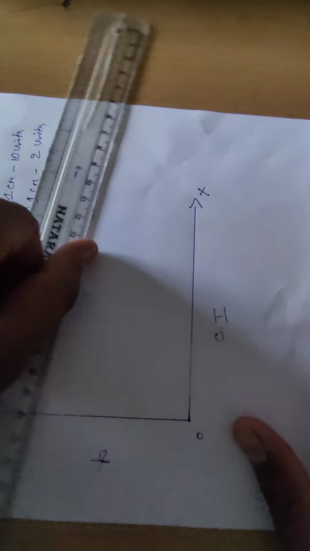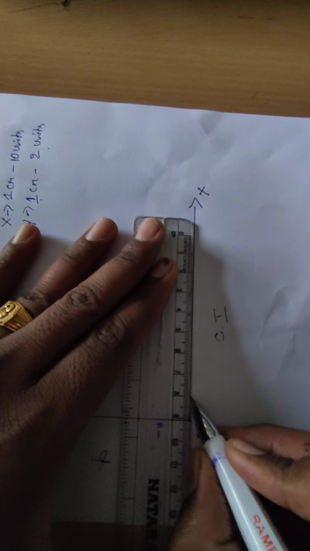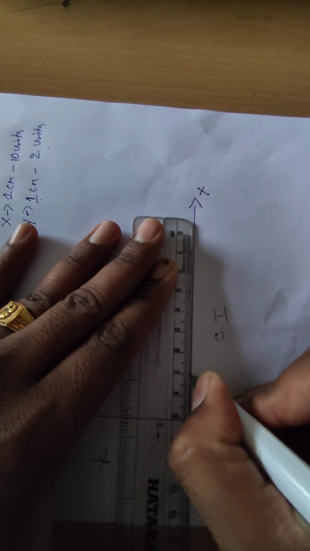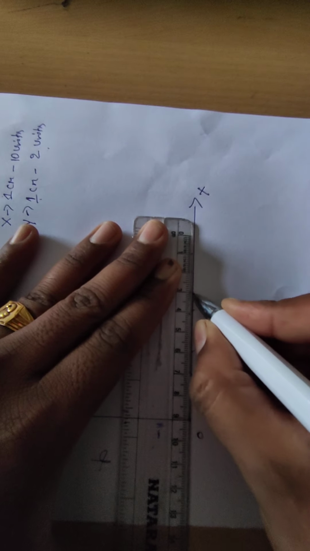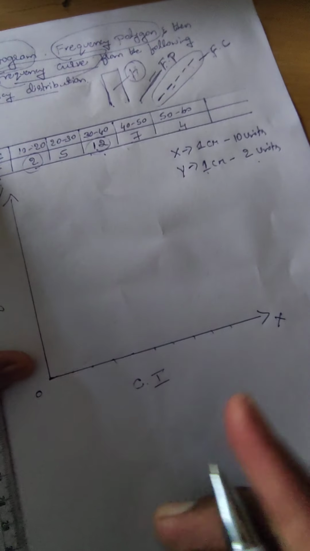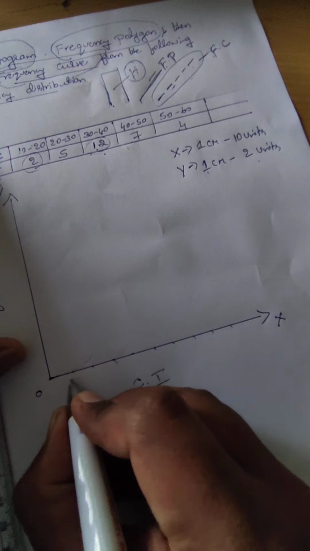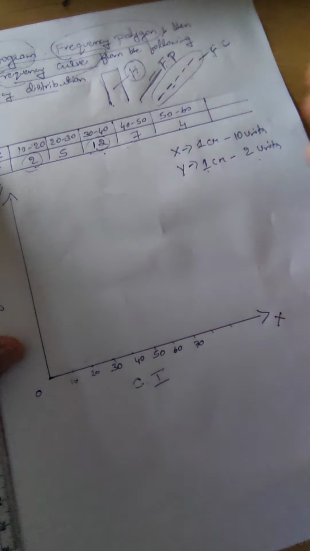Okay students, I will mark here 1 centimeter equals 10 units: 10, 20, 30, 40, 50, 60, and 70. 60 is enough.